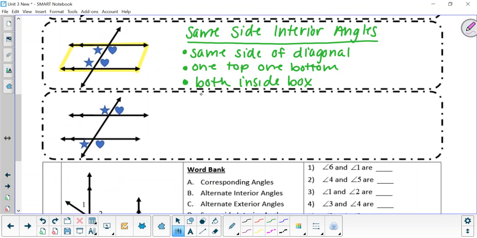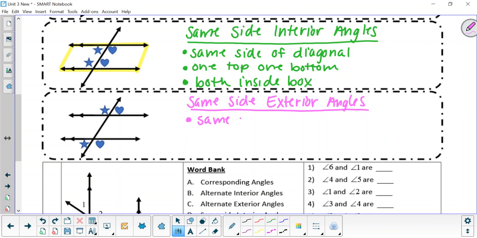And the last one is going to be a same side exterior angle. Which is the same as the one we just did, except both are going to be outside of the box. So, same side of the diagonal.